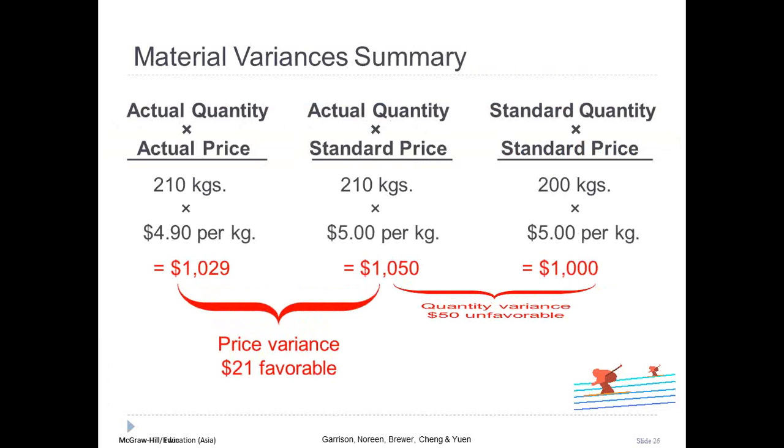The materials quantity variance, defined as the difference between the quantity of materials used in production and the quantity that should have been used according to the standard, is $50 unfavorable. The quantity variance is labeled unfavorable because the actual quantity exceeds the standard quantity allowed by 10 kilograms.